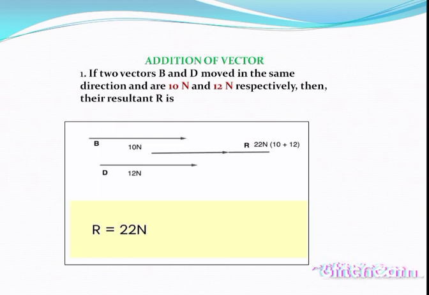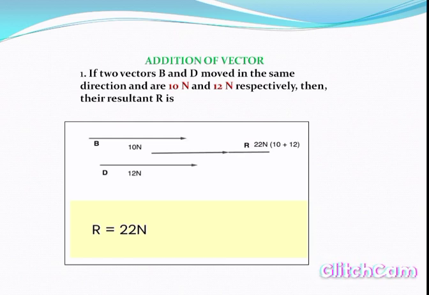We are not given the directions that the vectors were going, but we are told that they are going in the same direction. If we assume that both the 10 Newton and 12 Newton vectors are moving in the eastern direction, then their resultant is going to be equal to 10 plus 12, which is equal to 22 Newton in the direction of both vectors, because they move in the same direction.